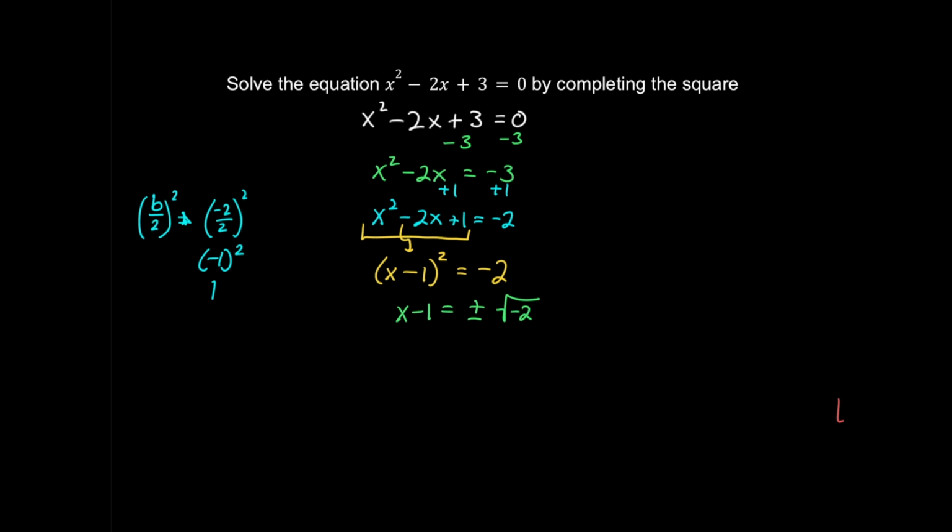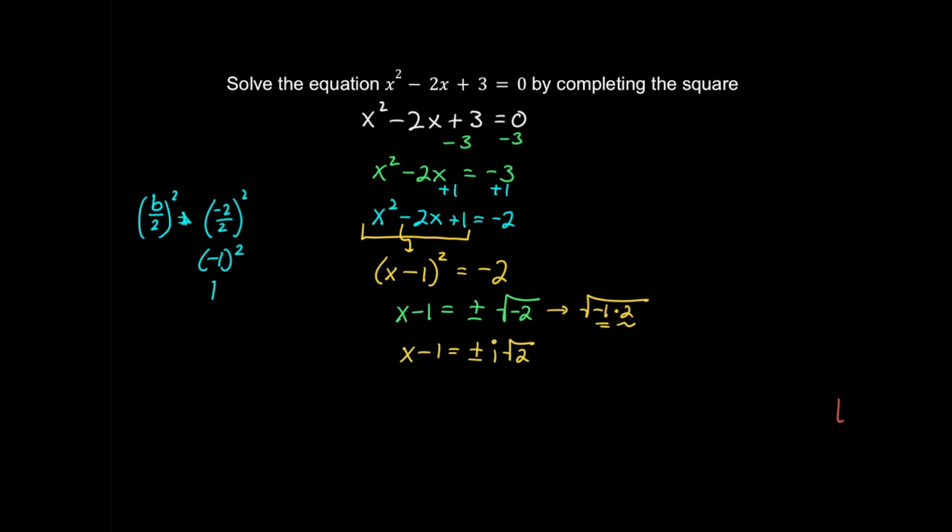Negative 2 is not a perfect square, so we would have to break the radical apart. It is negative, so we would separate it into negative 1 times 2, meaning that x minus 1 would equal plus or minus the square root of negative 1, which is i, and the square root of 2 we can't actually do, so I'm going to leave it as the square root of 2.